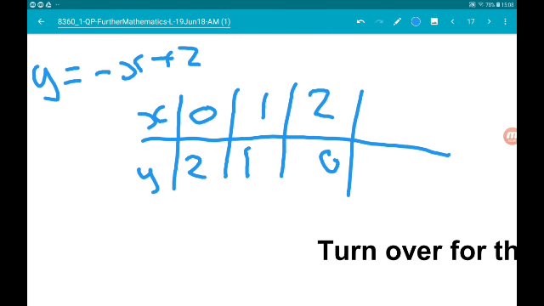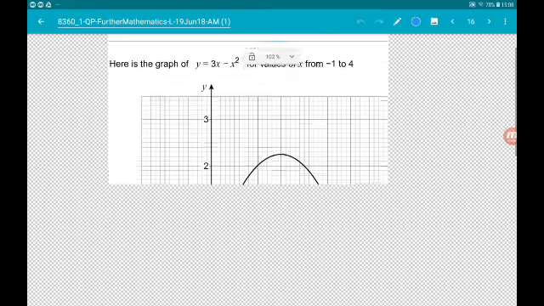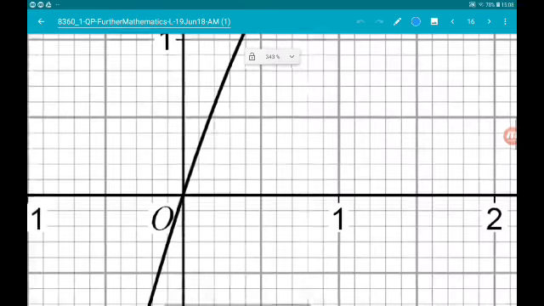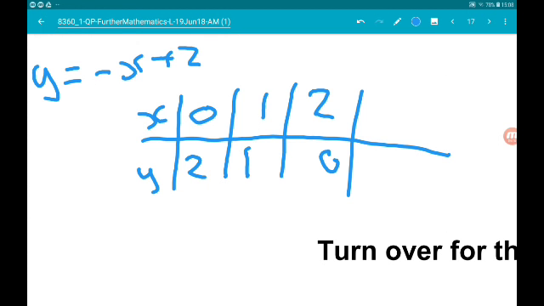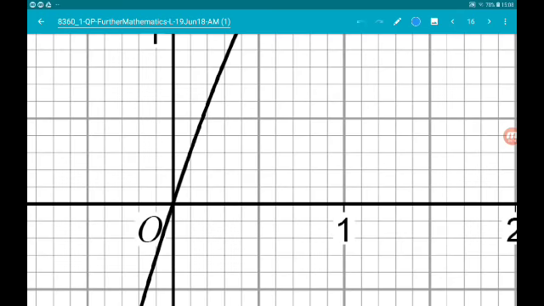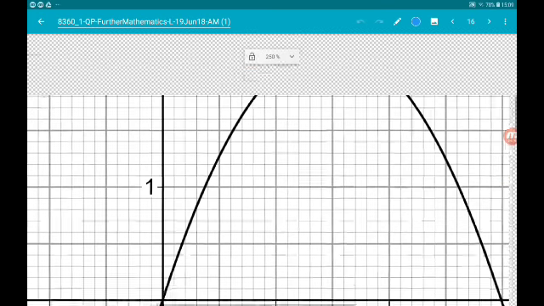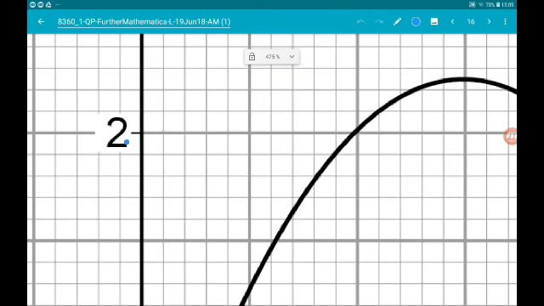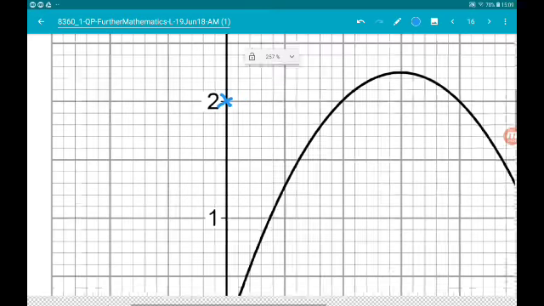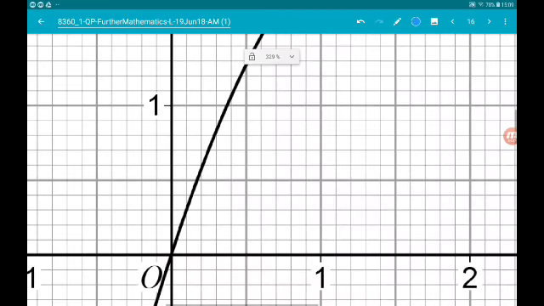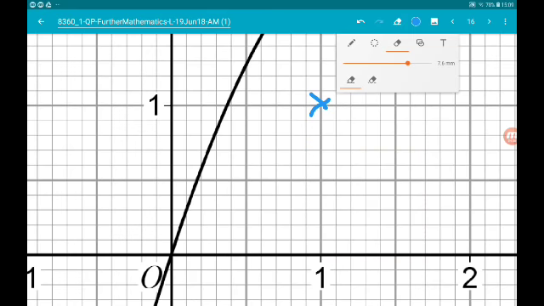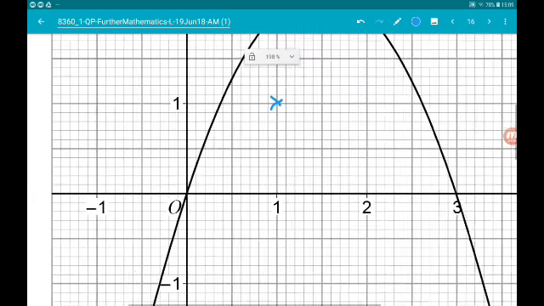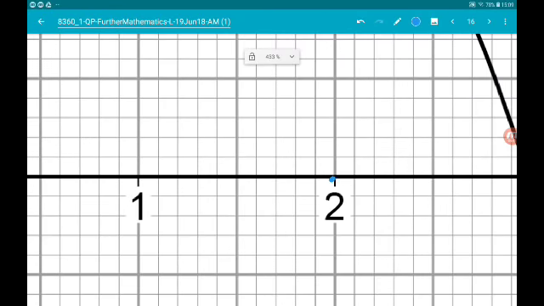So if we plot those points, we had, forgotten already, 0, 2, so 0, 2 is here, and we had 1, 1, so 1, 1 is there, and then third point was 2, 0.